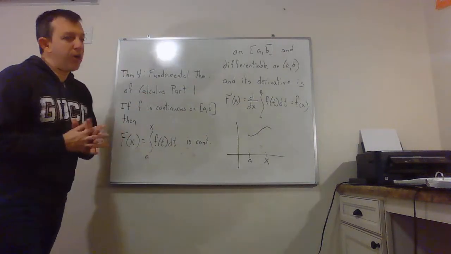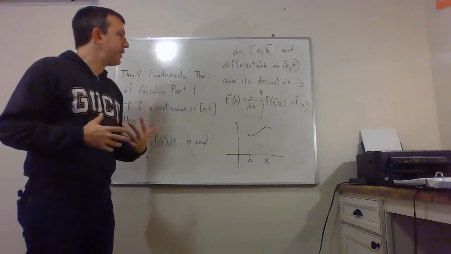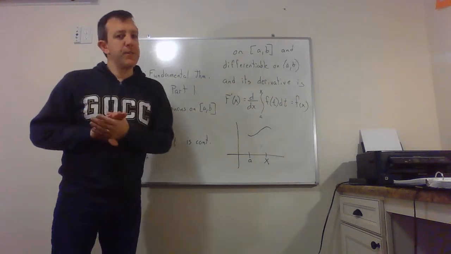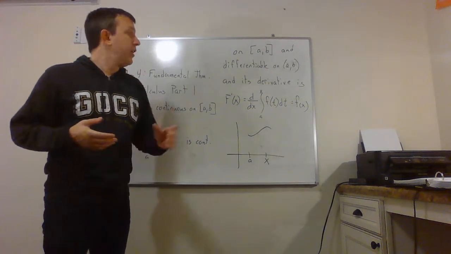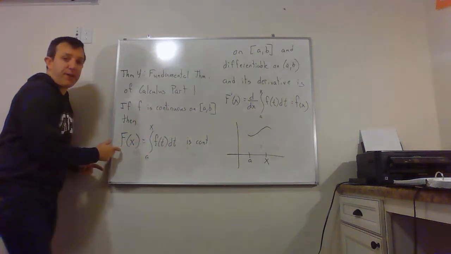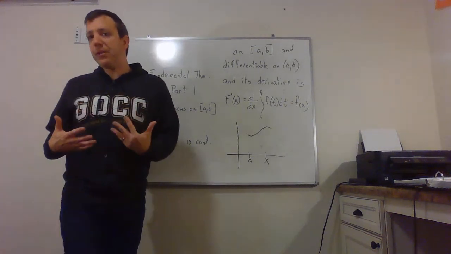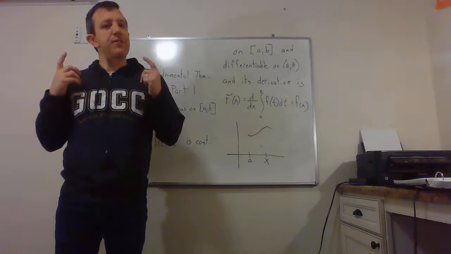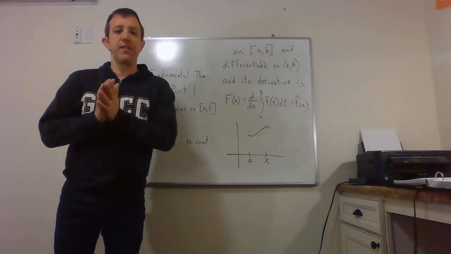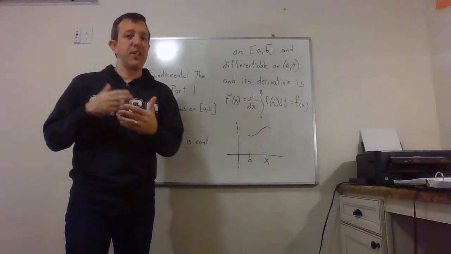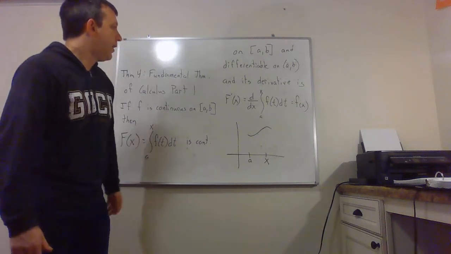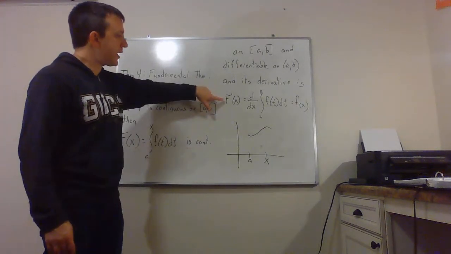And I really hope that what you're seeing here is a connection to some notation that we saw before. We have this capital F of x, and before we used that as an antiderivative. And so that's going to be a really important concept here in just a few minutes as we get farther into this section, but we can see it set up here.